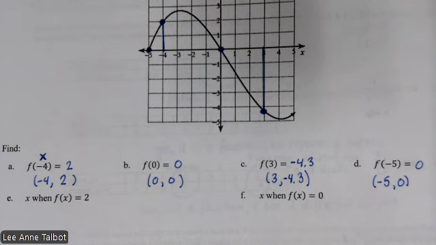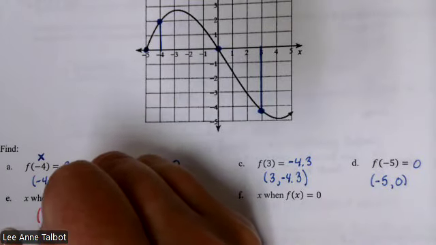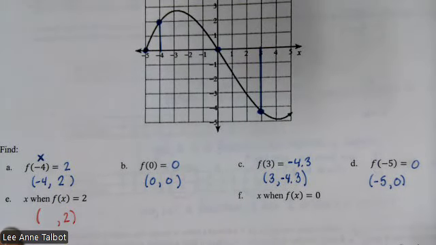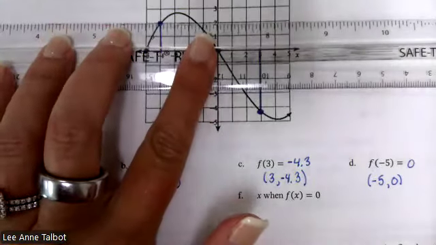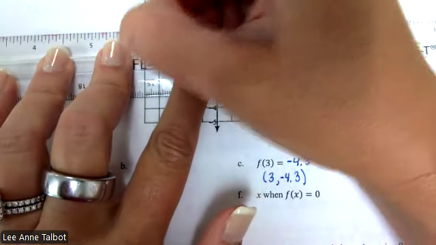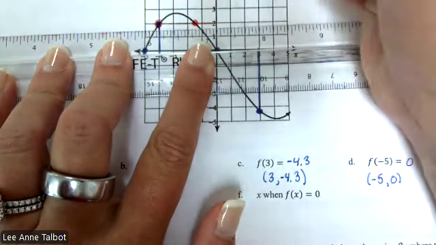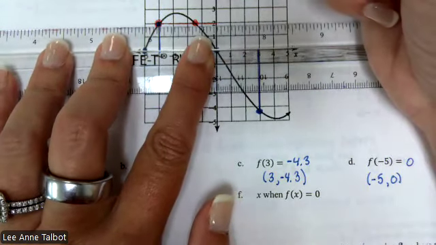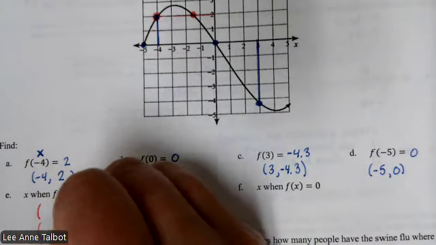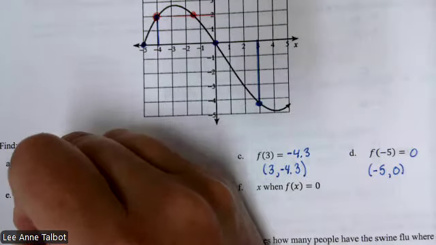Now we're going to go backwards. These problems are saying you have something comma 2. So I'm going to go to 2, and I actually have 2 spots, here and here. That one was -4.